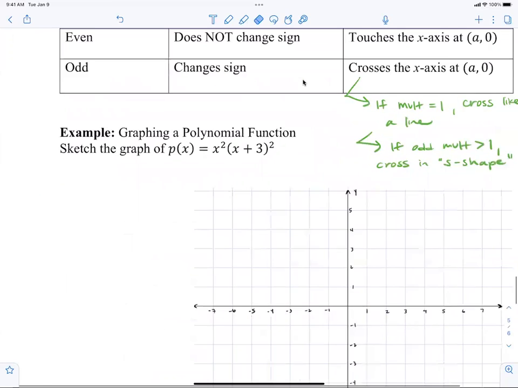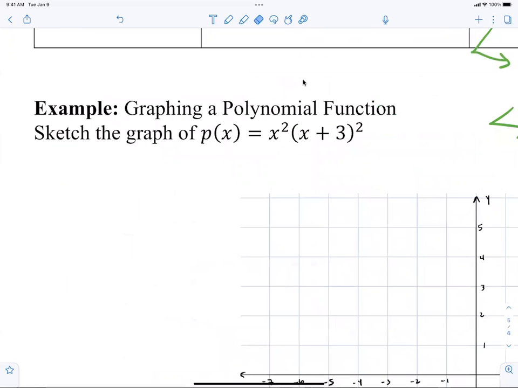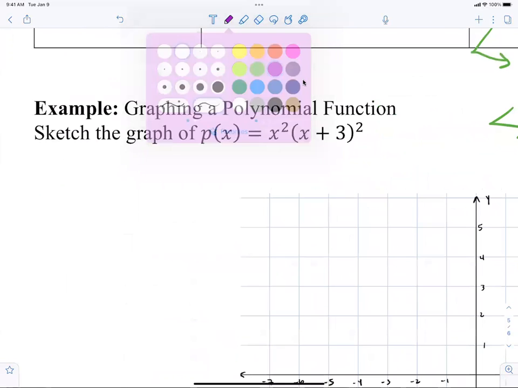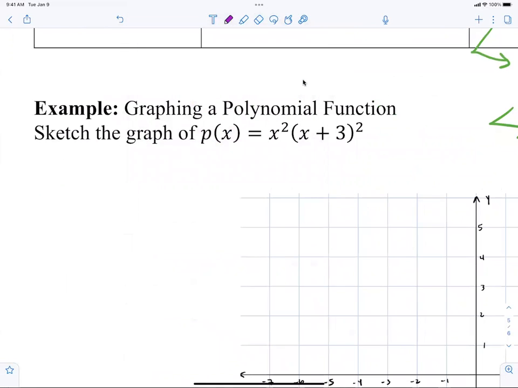Okay, so let's talk about sketching the graph of this polynomial function. It's already in factored form. Let's identify the zeros with their multiplicities. So it looks like we have a zero of 0 with a multiplicity of 2, and we also have a zero of negative 3 with a multiplicity of 2.